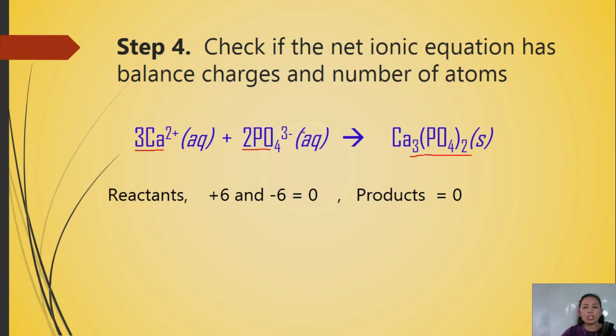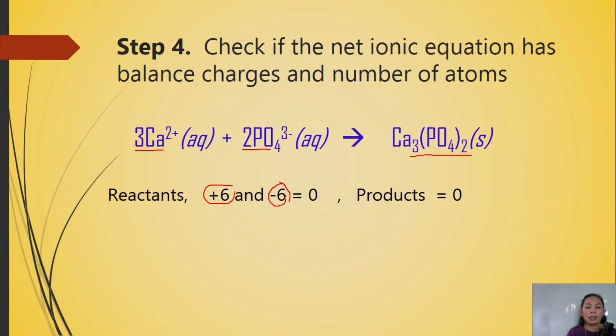And for the charges, 3 times 2, we have positive 6. 3 times 2, we have negative 6 because of this negative charge, which is equal to 0. And it is the same as the charge of calcium phosphate. Since this is a compound, it should have a zero charge.